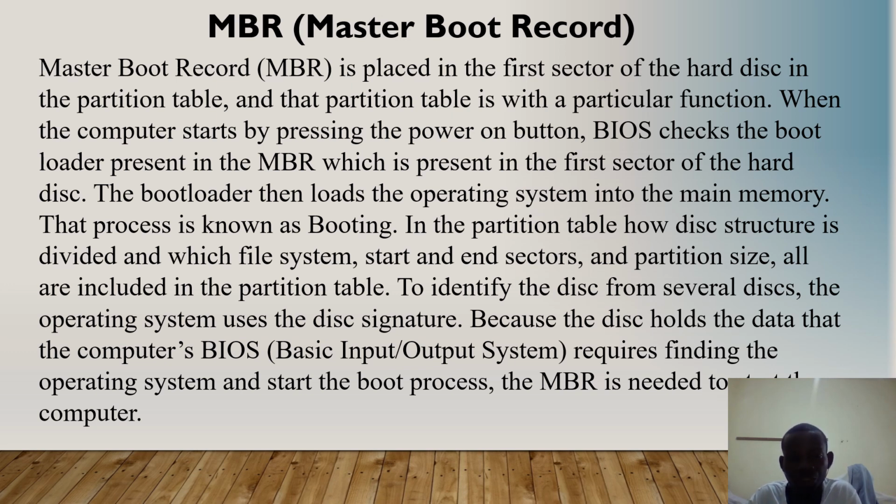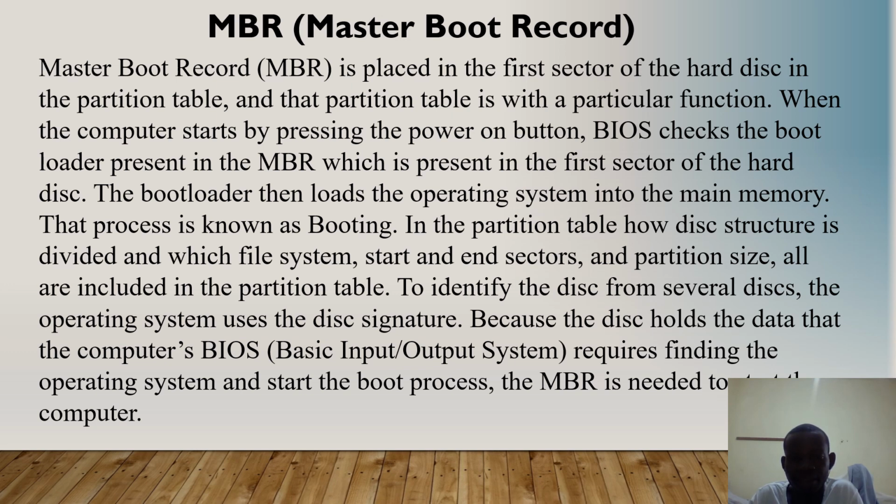So in the partition table, when the BIOS accesses the MBR, you know MBR has partition table, and in the partition table we get the disk structures, which is divided into file systems, and partition sizes are all included into the partition table.